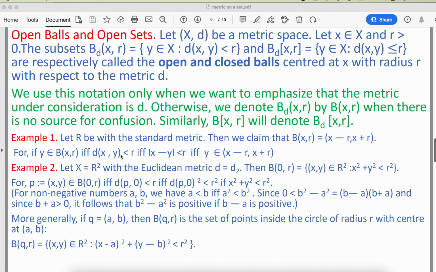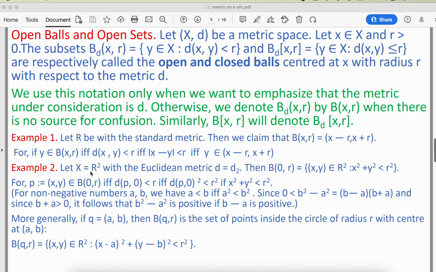The distance of x from y being less than r means, with respect to the standard metric, modulus of x minus y is less than r. And this is possible only if minus r is less than x minus y is less than r. And if we shift x, then it is x minus r less than y less than x plus r. So y belongs to this open interval.